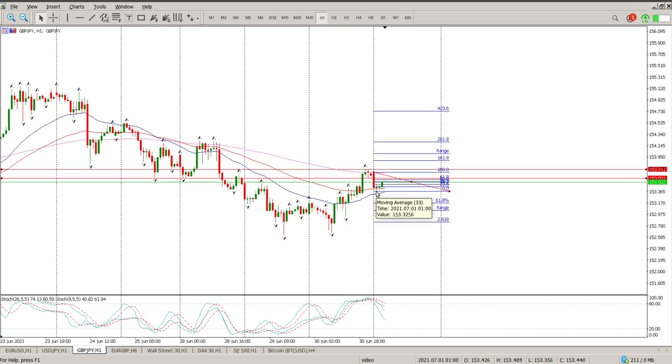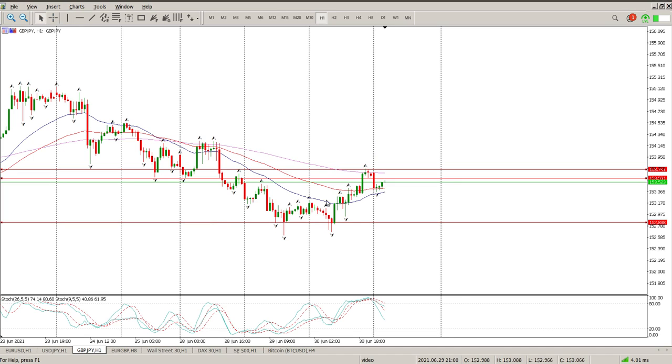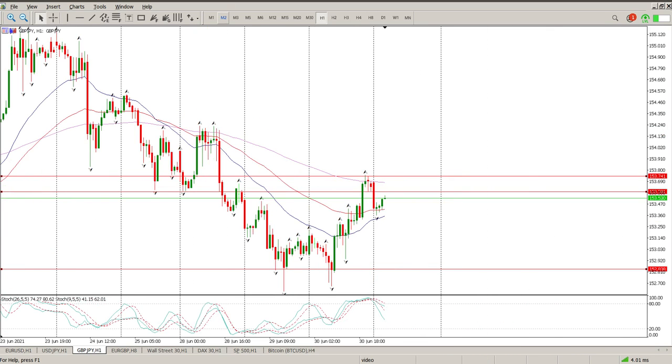The low is 153.356. So that's the current low, but we've still got a few bars to go before we can validate that. So I expect we should be moving back to the downside, and take your range targets, but at the same time you should have a target somewhere around here at 152.838. So this does look like a trend reversal.